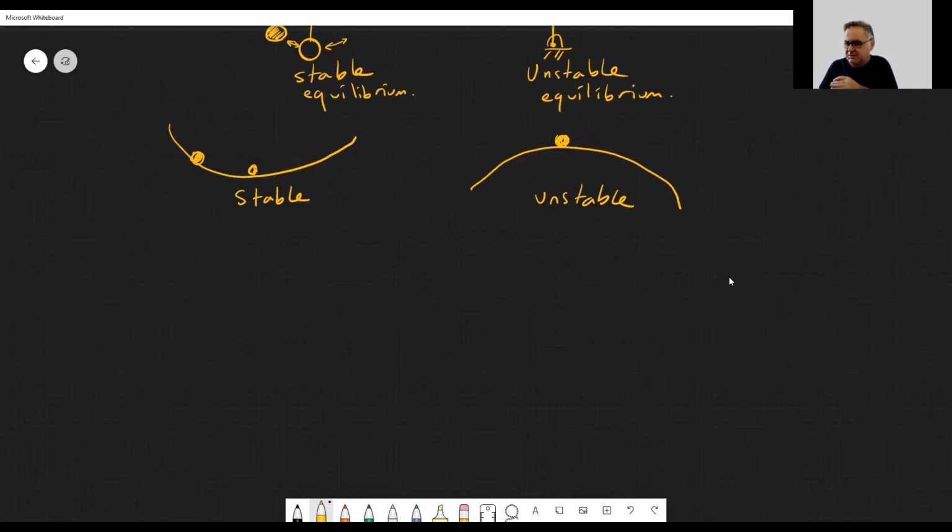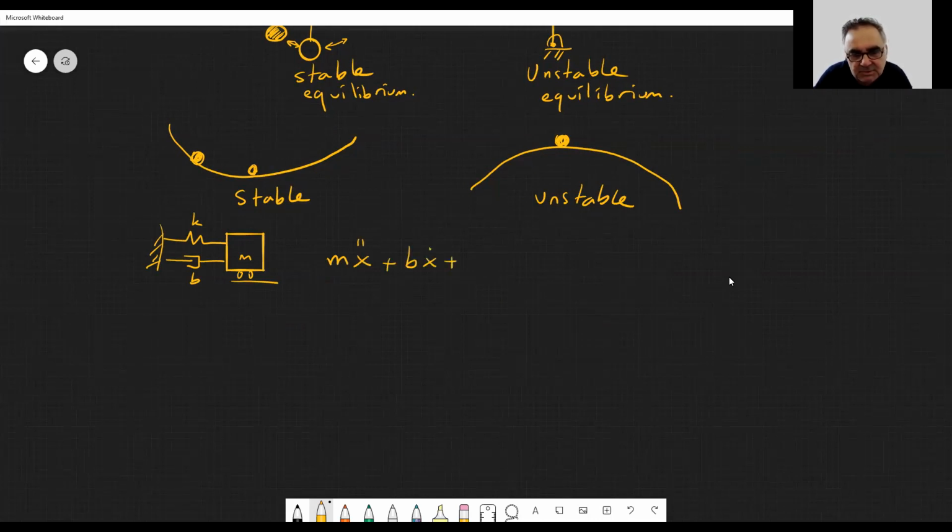Well, the physical systems we are dealing with, for example, the mechanical systems, like a mass spring damper system, let's say, like this one. This system has an equation of m x double dot plus b x dot plus k x equals, let's say, 0. Let's say we are looking at initial conditions only. Now this system, the mass obviously has to be greater than 0.